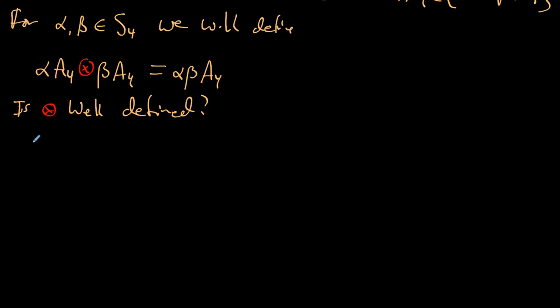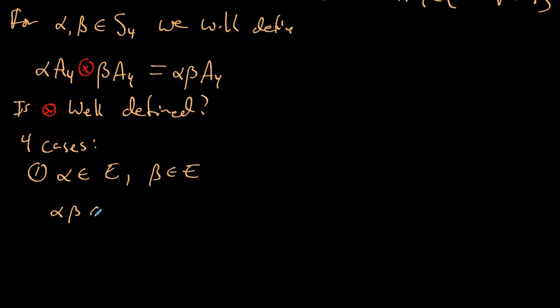There are basically 4 cases that we have to deal with. The first case is alpha is even, beta is even. Well, in this case, alpha beta is also even, and that's going to imply that alpha beta times A4 will be A4, which is, of course, the set of evens. And it doesn't really matter what name for alpha or beta I pick as long as they're both even.